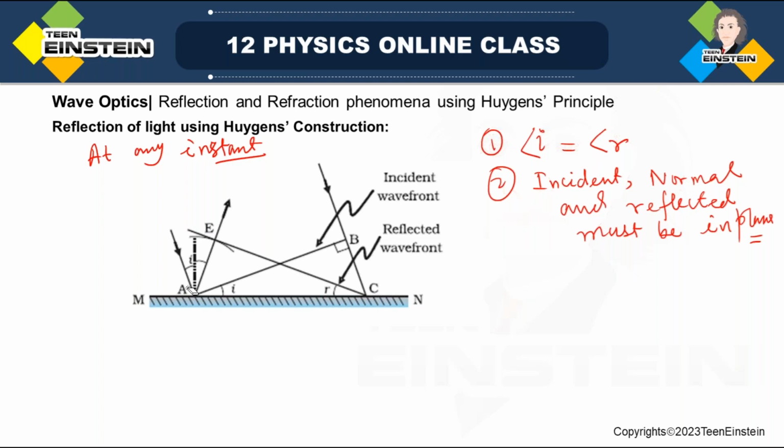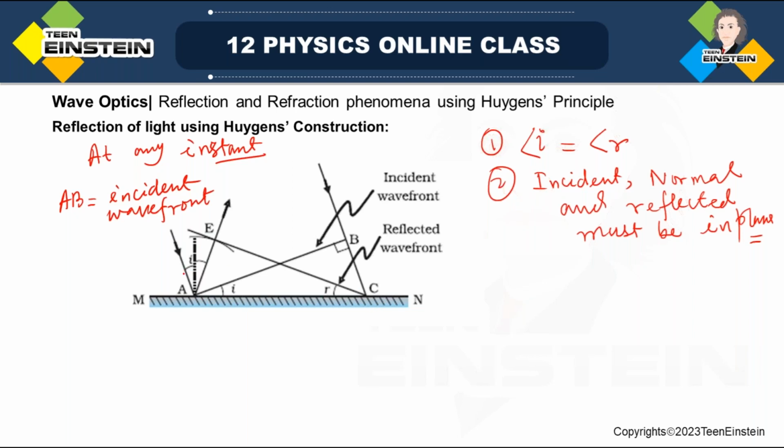And you see, AB is the wavefront, so here I'll write AB, incident wavefront. This wavefront is obliquely incident on the reflecting plane MN.